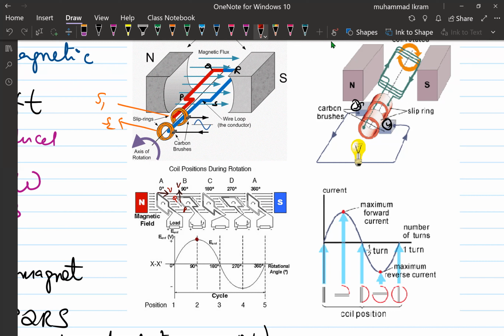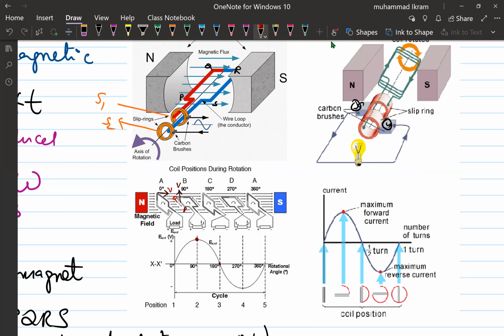But now when the loop takes the vertical position, the change of flux decreases through the magnetic field, and it becomes zero completely when the coil is in the vertical position. So again, no induced EMF.